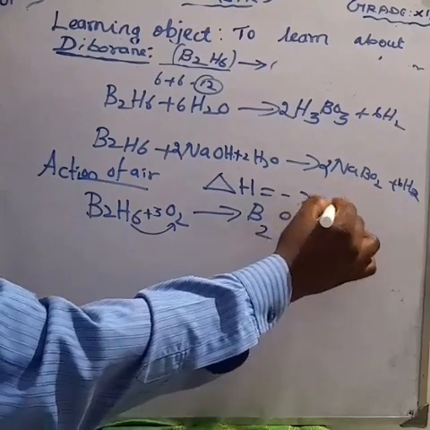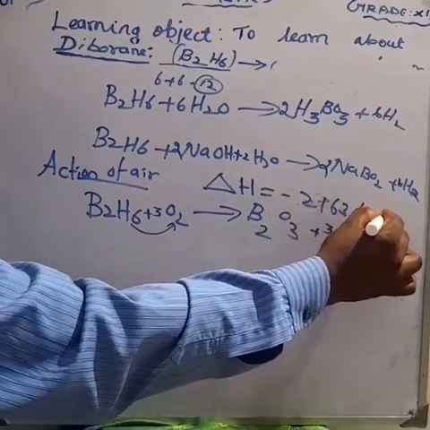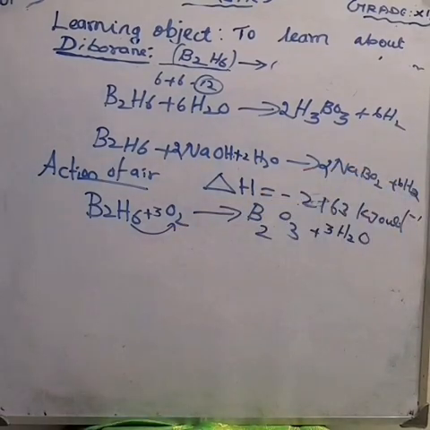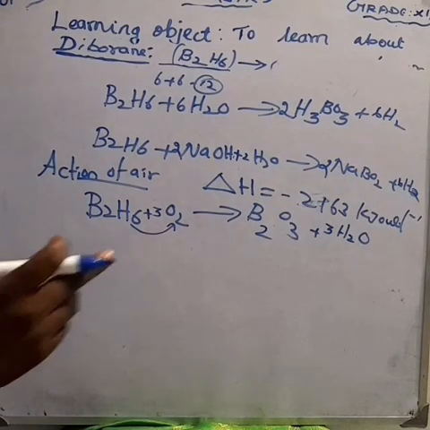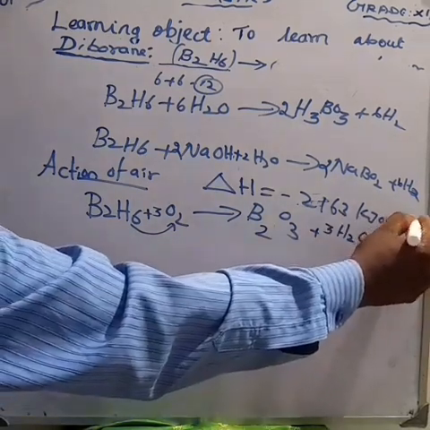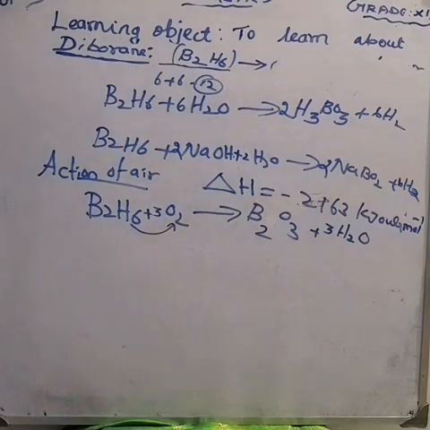Okay, during this reaction, this amount of heat is liberated. What is the value here? Delta H value, heat enthalpy value, that is minus 2165 kilojoules per mole. Okay, next one important question.